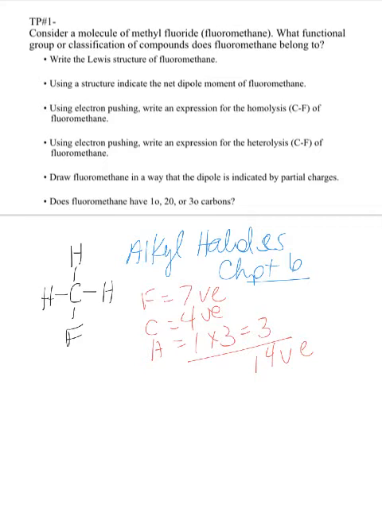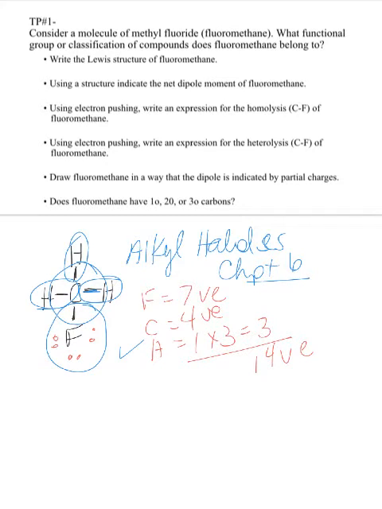As you can see, each bond has 1, 2, 3, 4, 5, 6, 7, 8, 9, 10, 11, 12, 13, 14. And that is the Lewis structure. You make sure every element has an octet. Hydrogen has a duet because it takes 2 electrons to fill its outer shell. Then carbon has 8 and fluorine has 8. So that is a correct Lewis structure.